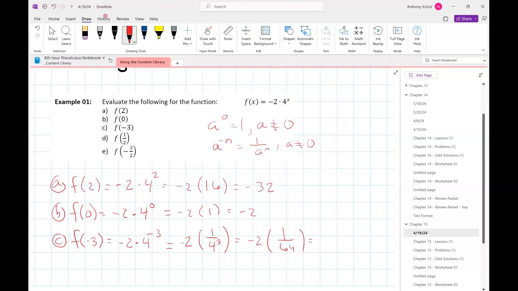What's -2 times 1 over 64, excuse me. Just -1 over 32, right? You just reduce the fraction. Okay.